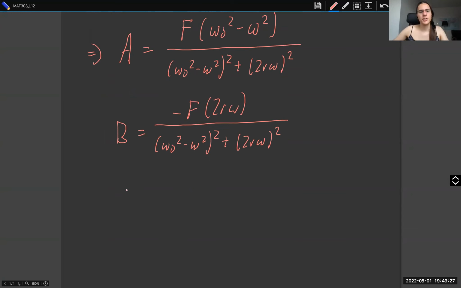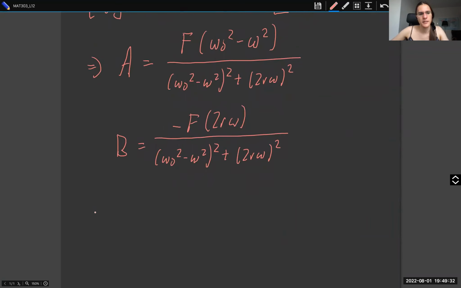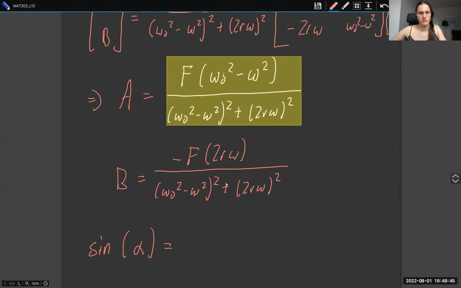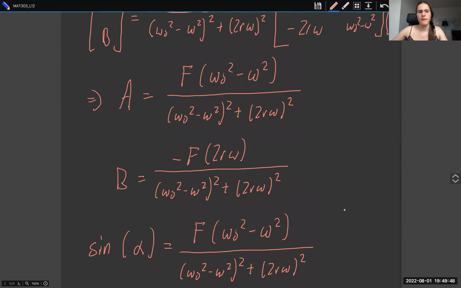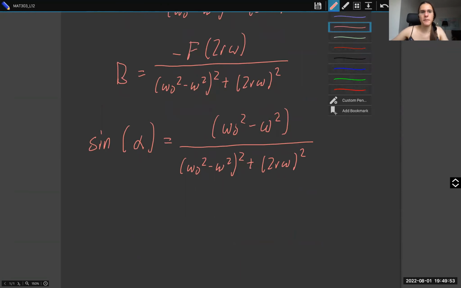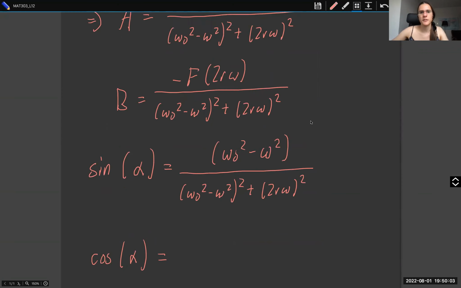So setting, okay, sure. You know what? Let's set sine of alpha equal to this expression, without the F. If we set sine of alpha equal this, and we set cosine alpha to be this without the minus sign, so that's going to be better. Cosine alpha is equal to this without the minus sign.